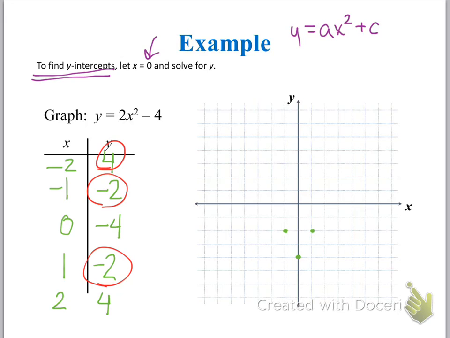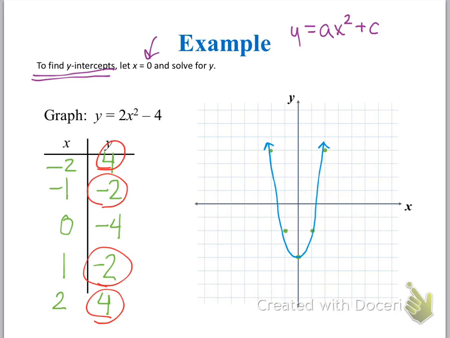Again, they're symmetric. They're the same on both sides. So let's graph those 2 points as well. Negative 2, 4. Oop, that's an ugly dot. And positive 2, 4. So again, this is a parabola, so we're going to connect it with a nice smooth U-shaped curve.